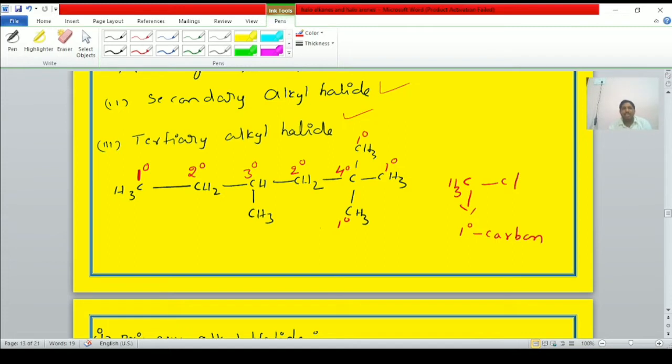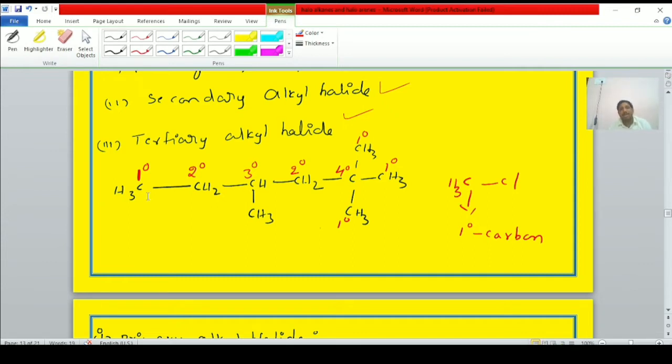CH3, CH2, CH, CH3, CH2, C, CH3, CH3, CH3. Here there are three CH3 groups, students. You can observe that this carbon atom is surrounded by three CH3 groups. Now, students, if the carbon atom is bonded to only one carbon, it is known as a primary carbon.